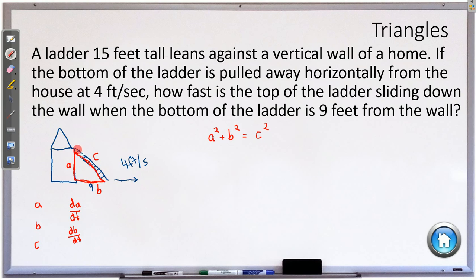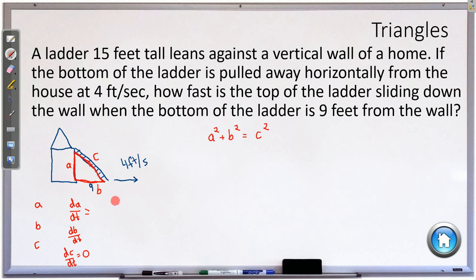Then think, is c going to change? Hopefully you can see there that it's not. The ladder cannot get bigger, longer, or shorter. So there is a dc dt, but we know what it is. It's 0. Let's see. dA dt, is A going to change? Yes, it is.